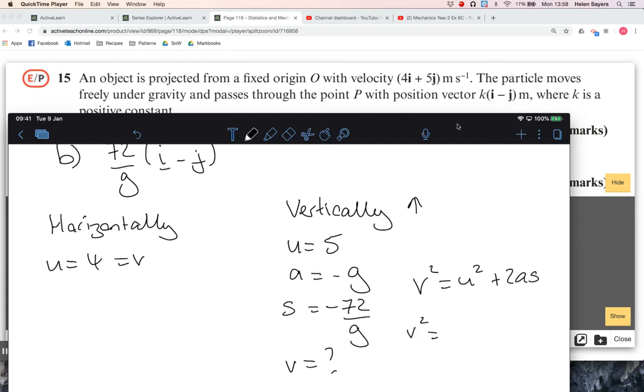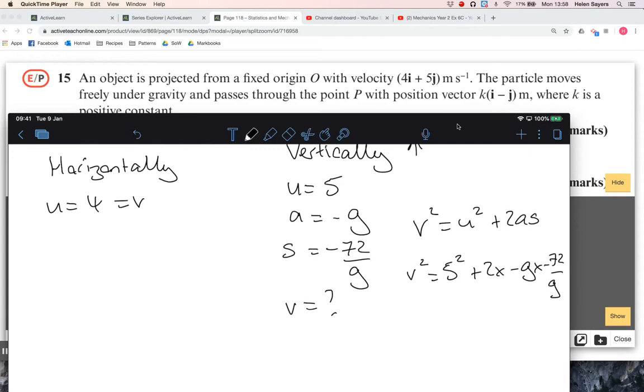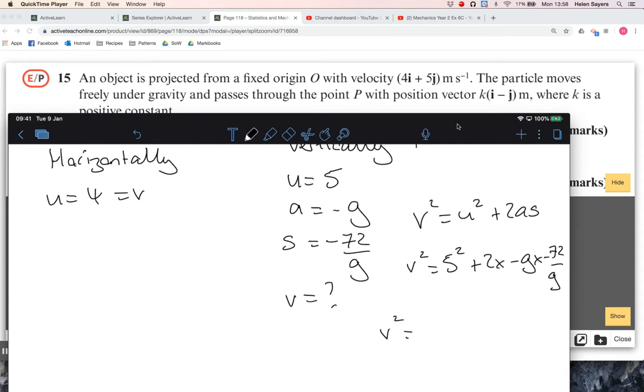So v squared is 5 squared plus 2 times minus g times minus 72 over g. So v squared is 25. I've got 2 negatives there, haven't I? Yep, so they are going to cancel. And then I've got 2 times 72.